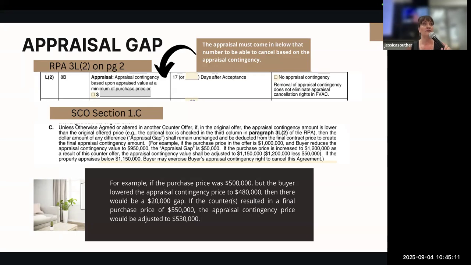Yeah. Or if your buyer has 10 grand to play with for an appraisal gap, you're going to put it 10 grand lower than your offer price in that box. And then that ties them into that. So they're saying, here's the amount I'm willing to gap. In my example with the $5,000 gap, they're willing to pay $404 as long as it appraises.